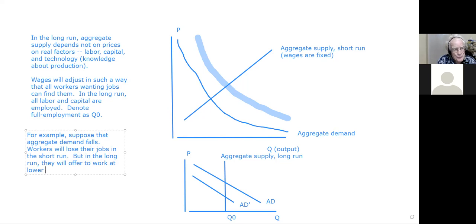They lose their jobs in the short run because we have assumed that wages are fixed in the short run.